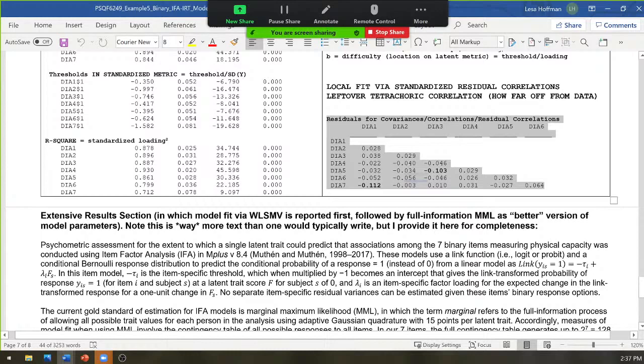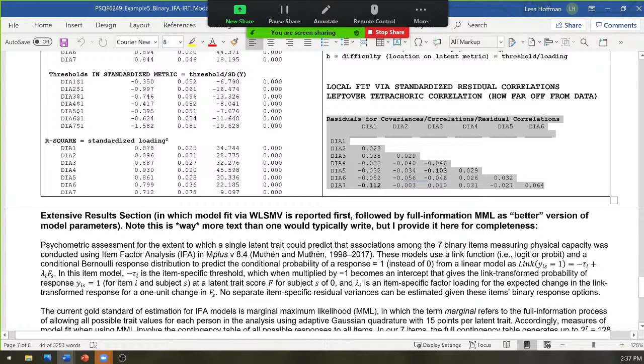So what we just talked about is going to predict 0 versus something else. In a second one, it's going to be 0 or 1 versus 2 or 3, and then 0, 1, 2 versus 3. So the key to this model is that in each of these binary submodels, all the answers get used in each one. So that's why it assumes that these categories have to be ordered.